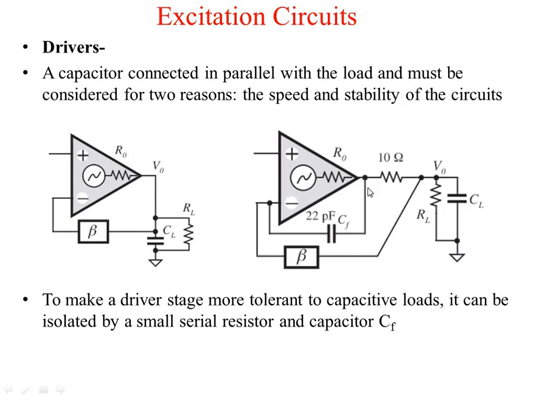Here you connect a CF from output to input, and a 10 ohm resistance is connected in series with it, and this makes the circuit more tolerant, so you will get stability for your circuit if you use such driver connections. With this we have come to the end of the excitation circuits.